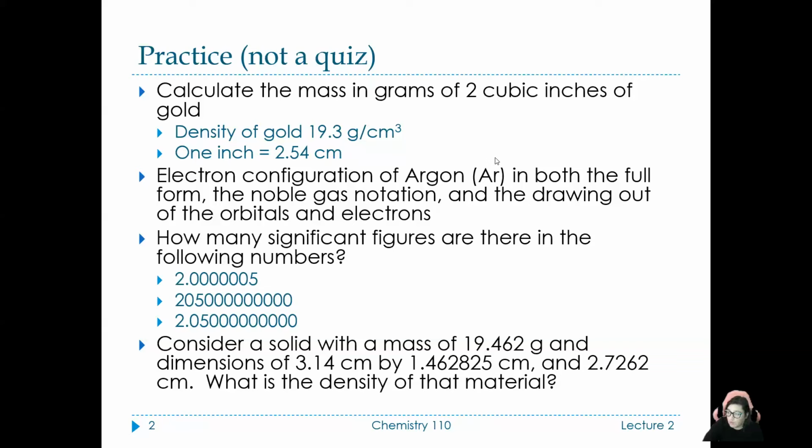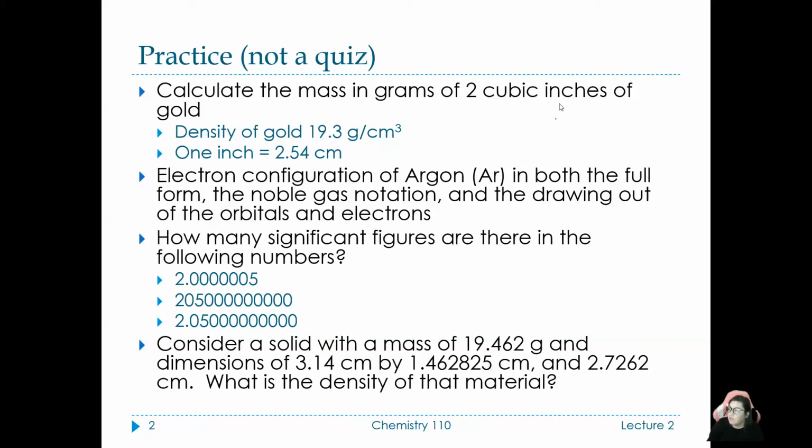Now, I also know that 19.3 centimeters cubed, it's grams per centimeter cubed. Oh, hold on, let me check that. Give me a second. I apologize. Yep, it is grams per centimeter cubed, which is going to change where I need to put that.